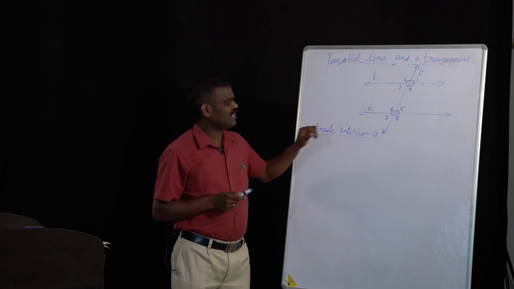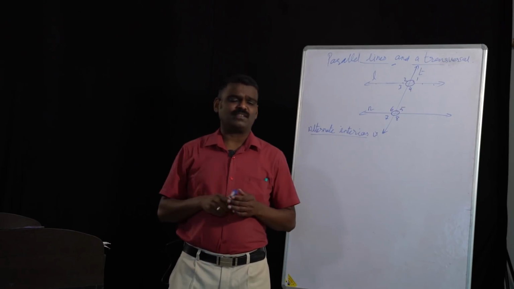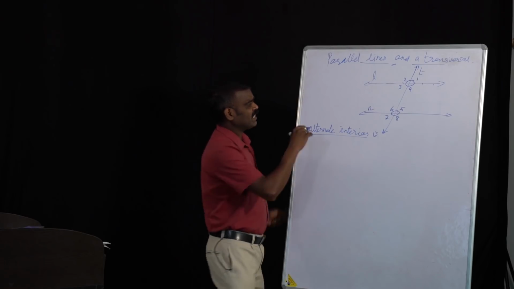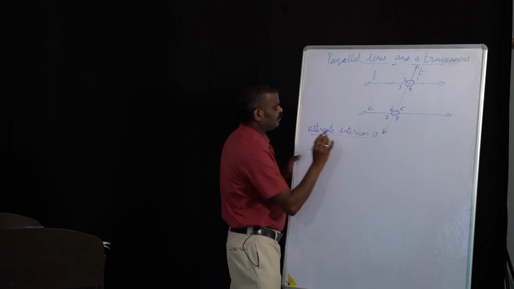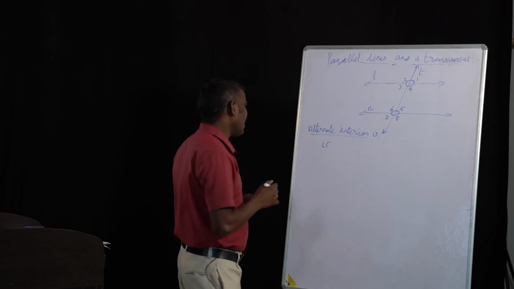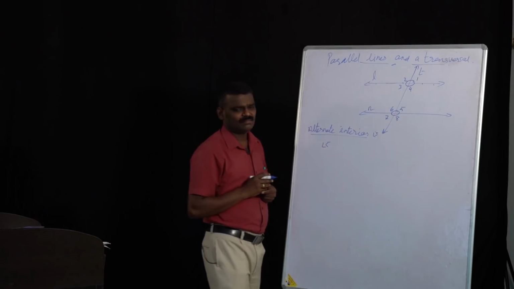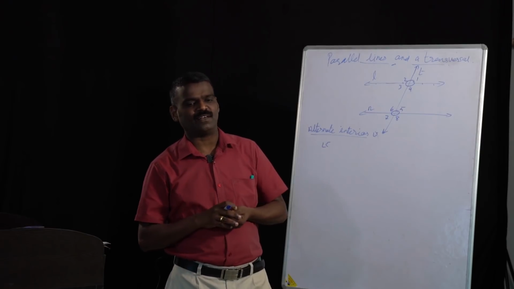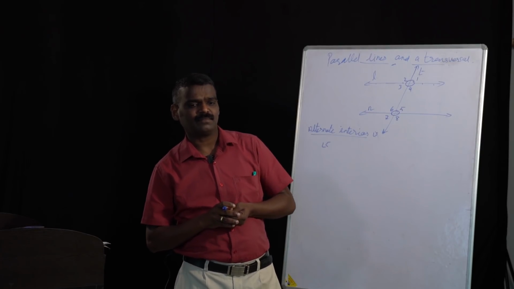Now, alternate means one after the another. Inside. Now, angle 5. Alternate angle of 5, can you see angle 6? I am telling you angle 5 and 6 are alternate interior angles. Is it correct? Think yourself.